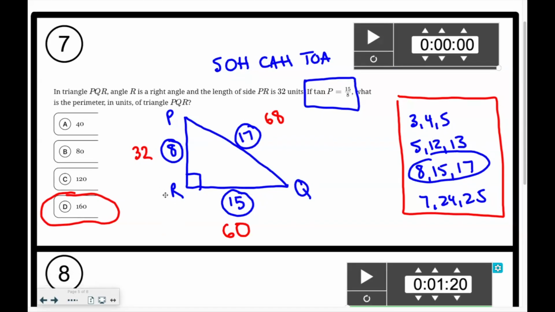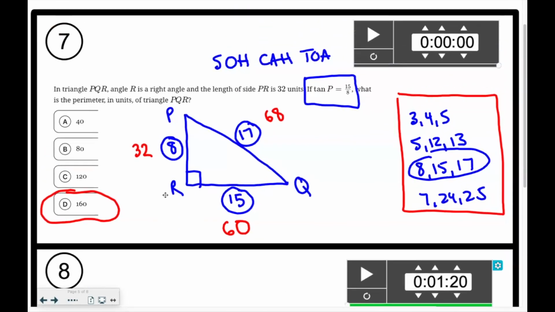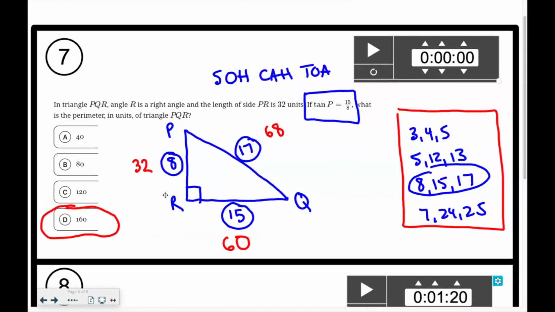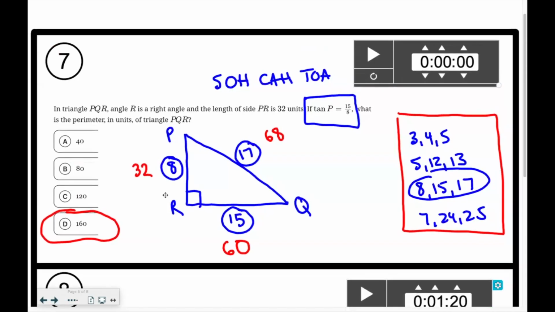Quick question. You said you're writing down the most common ones, so are there more, or just those that you should really know? Yeah, a Pythagorean triple is just any three whole numbers that satisfy the Pythagorean theorem. So theoretically there's an infinite number. Oh, I see.